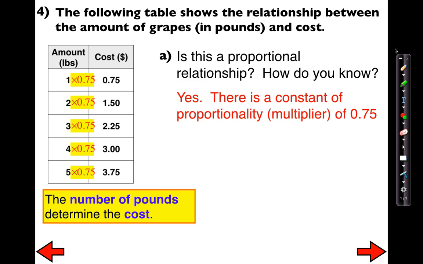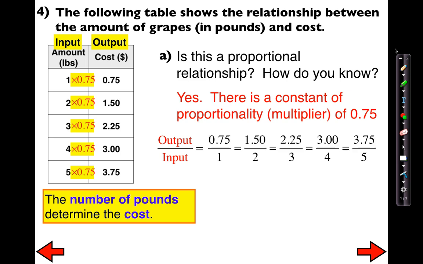So here, since the number of pounds determines the cost, we're going to go ahead and call the amount of pounds the input because it's independent, and the cost is the output because it depends on how many pounds it is. So once again, if you set up your ratios of output over input, you're going to find that all of them equal the same value, which just so happens to be 0.75.